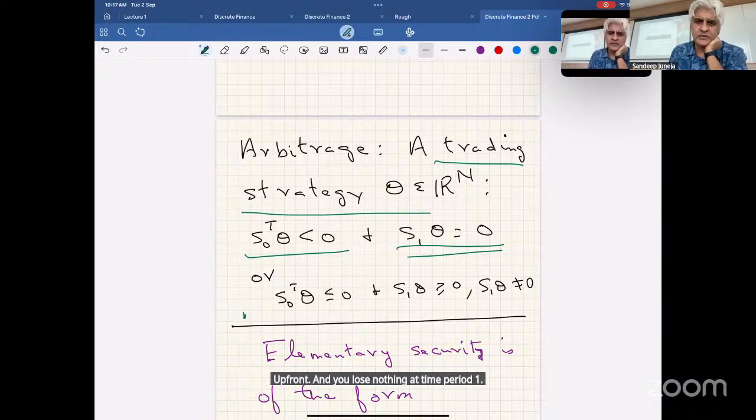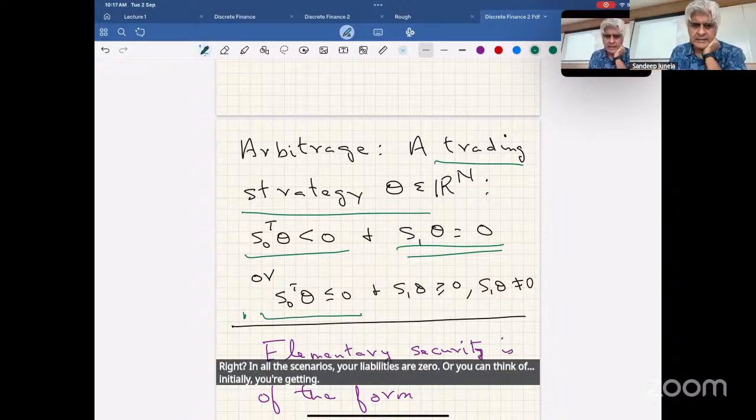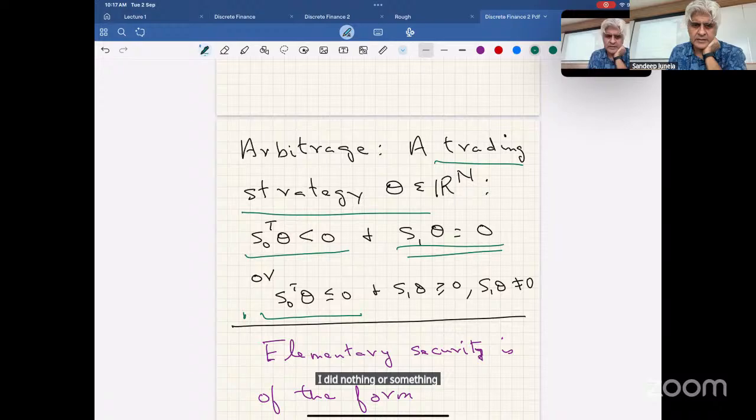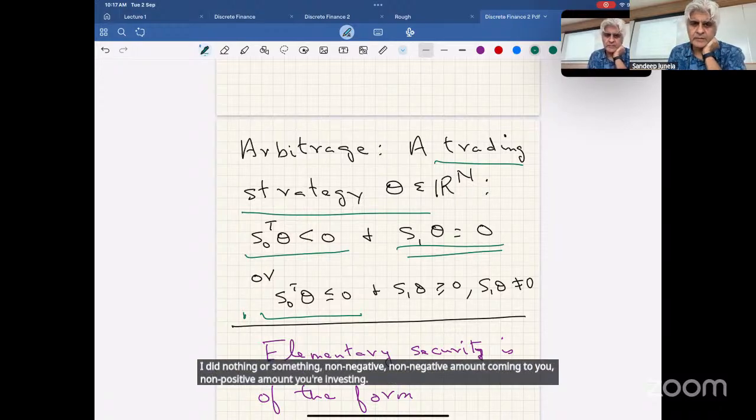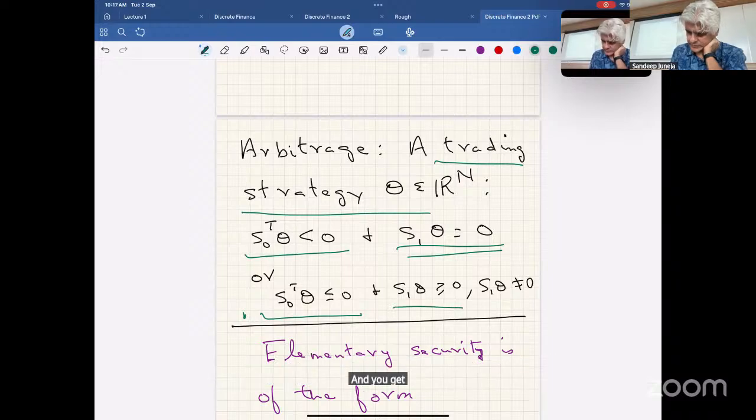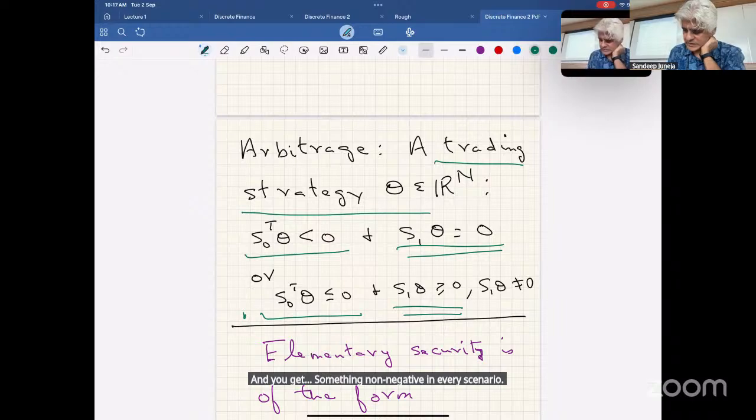In all the scenarios, your liabilities are 0. Or you can think of initially you're getting either nothing or something, a non-positive amount you're investing, and you get something non-negative in every scenario, and in some scenario you get something positive for sure, with positive probability, right?